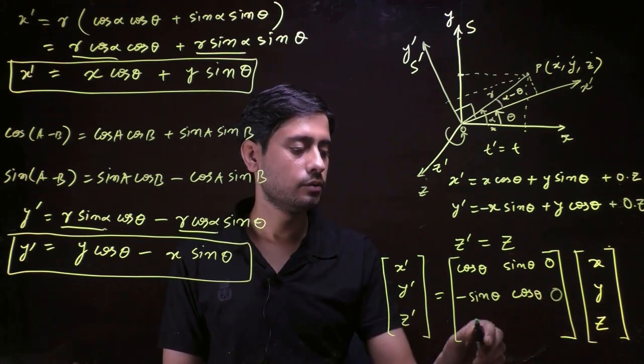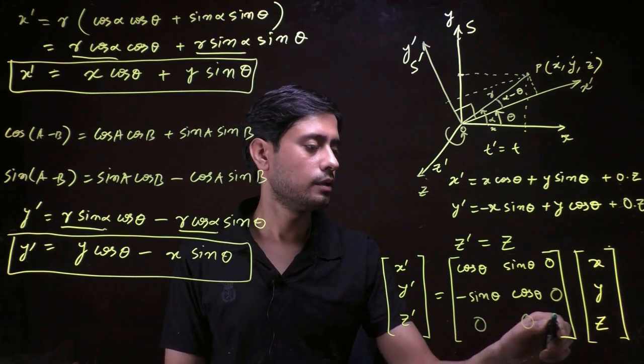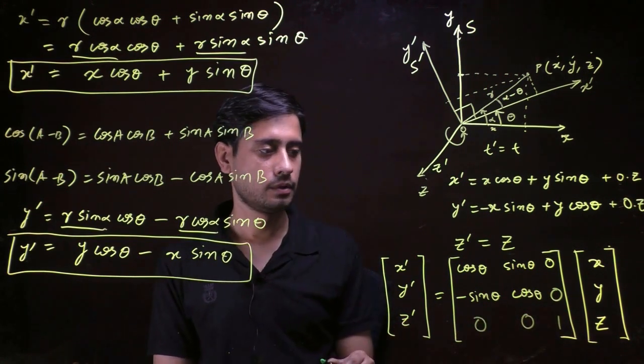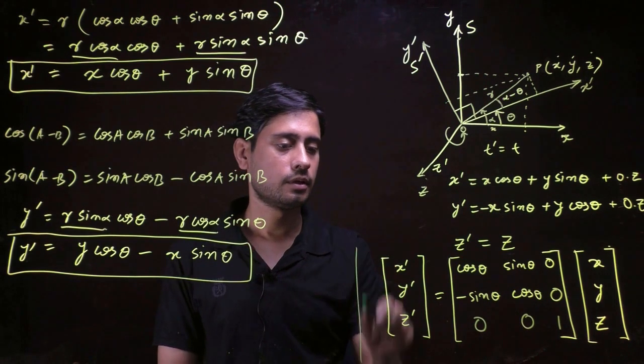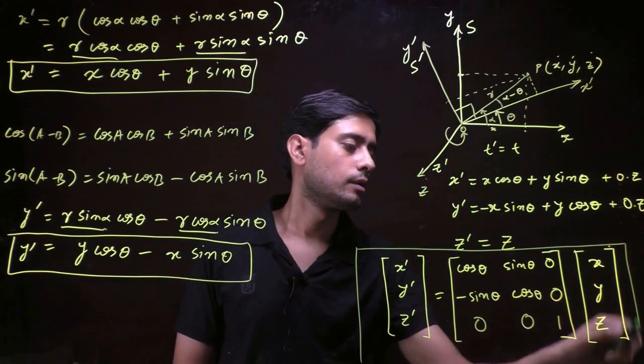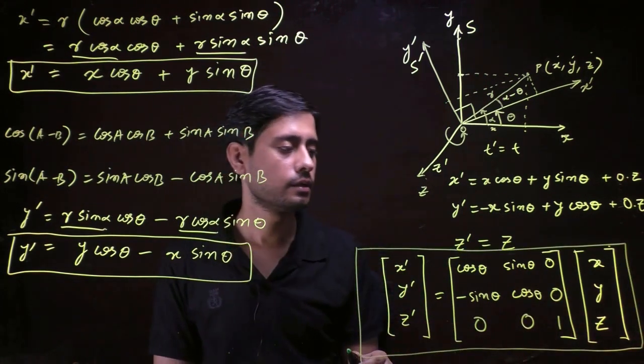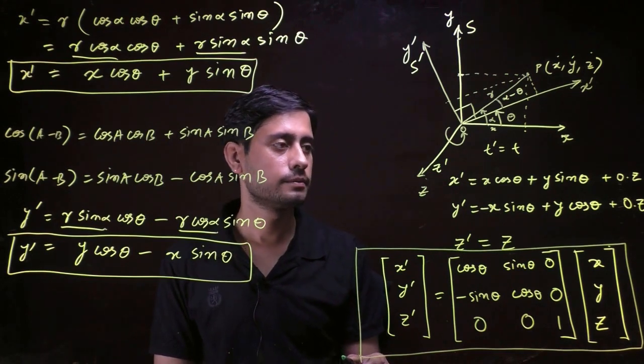Similarly for z you have 0, 0 and only 1. So this is the transformation matrix equation for a 3-dimensional system.